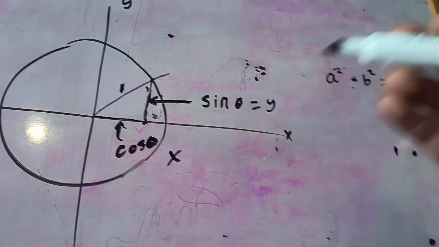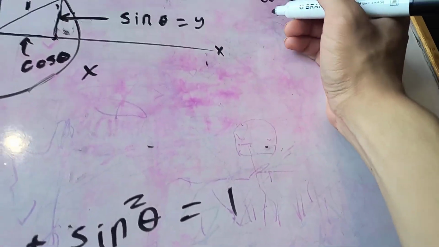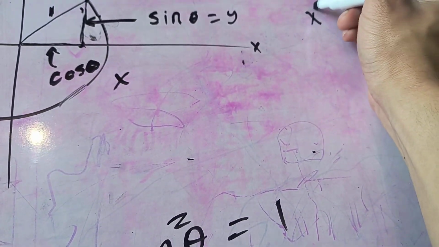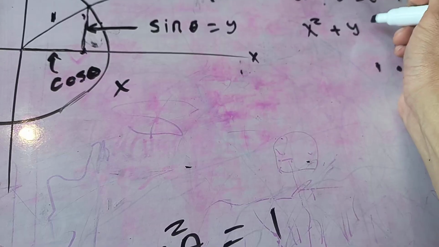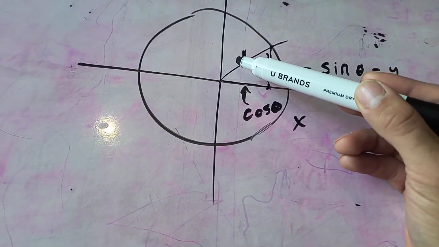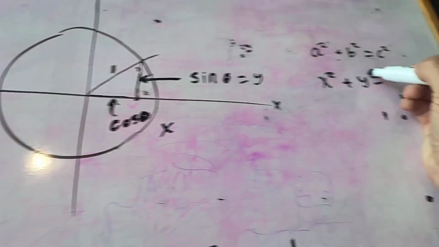So we could say x squared plus y squared is equal to 1, because 1 squared is just 1.